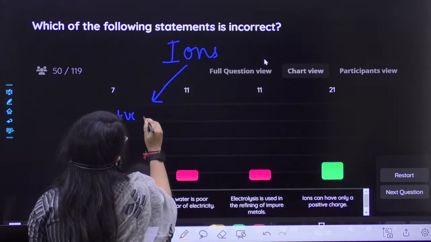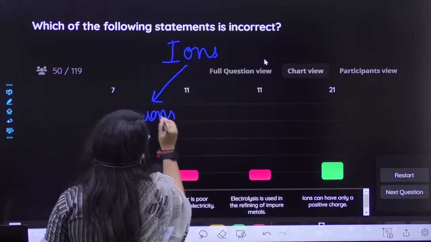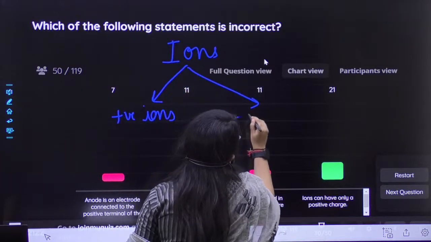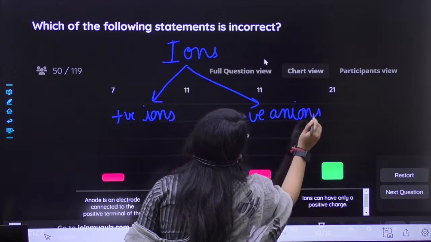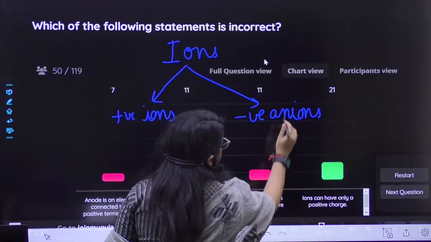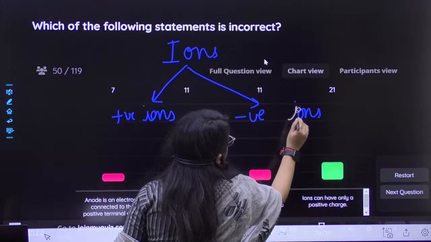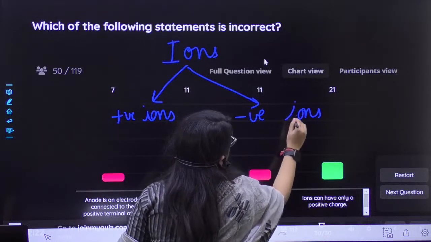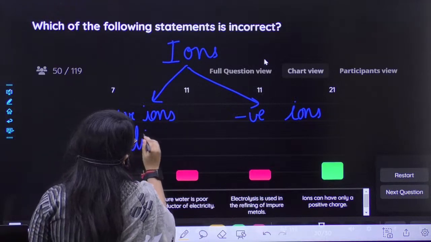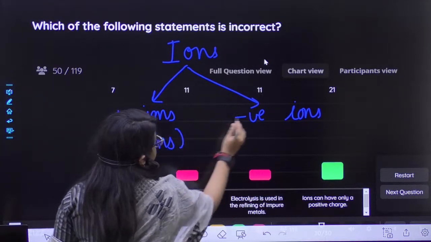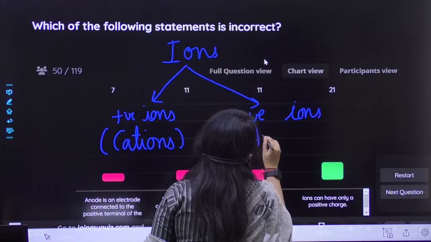Positively charged, positive ions, and negative ions. We call these positive ions as cations and these negative ions as anions.